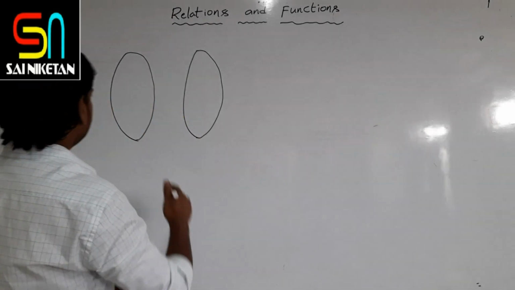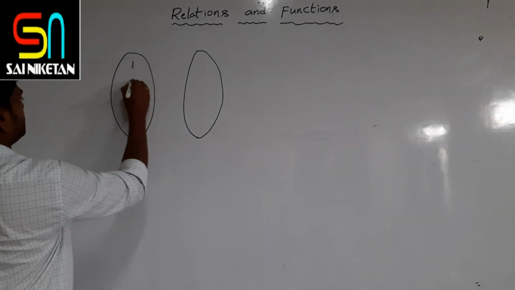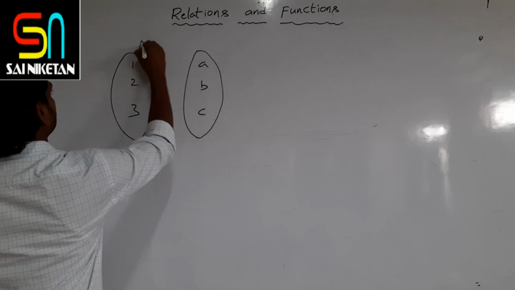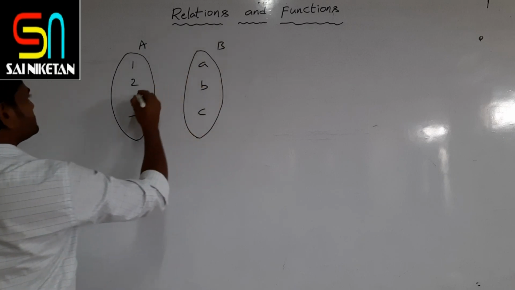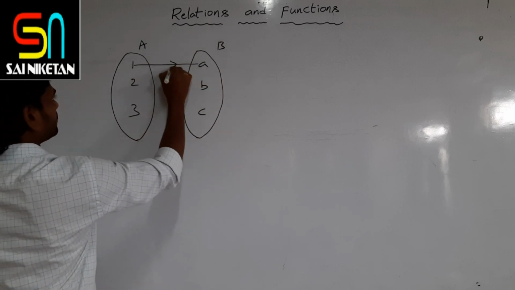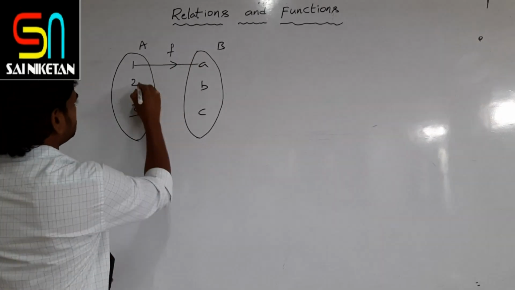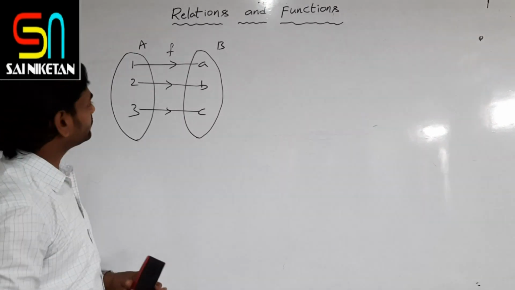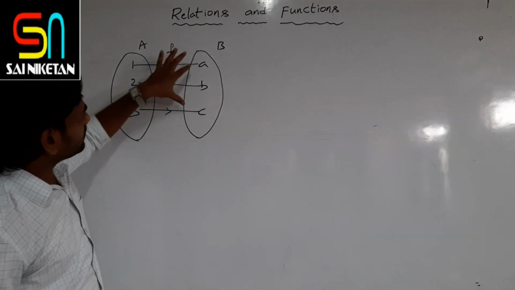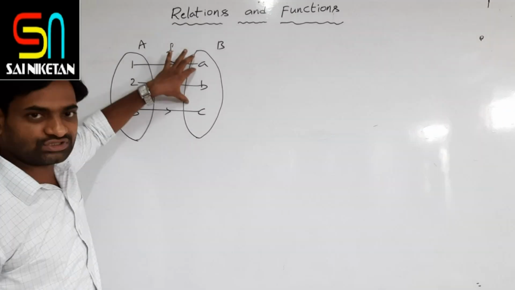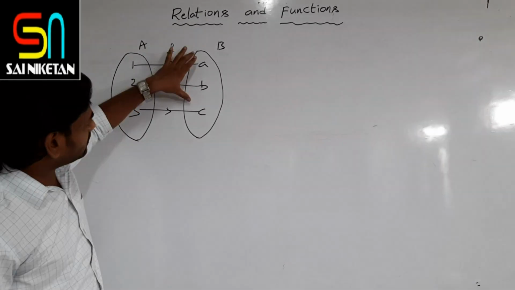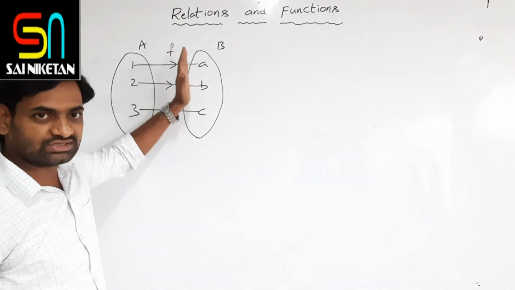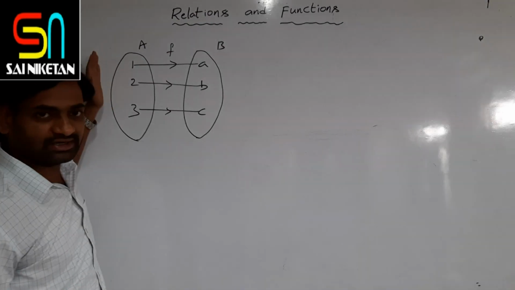Okay. Now see here. Here I am taking some mapping. This is capital A, B. I am taking some function F here. This is the mapping I am taking. Now here the second set elements which are in the mapping are called images of first set elements.